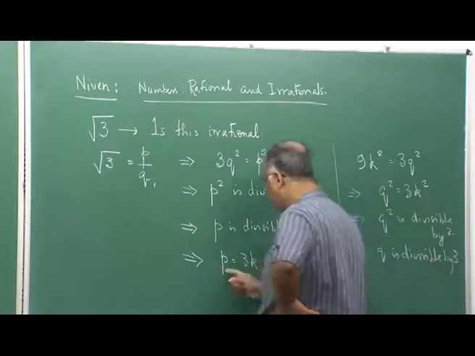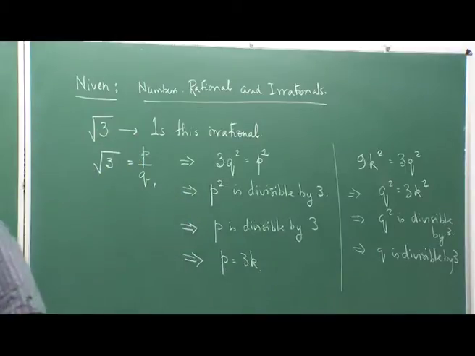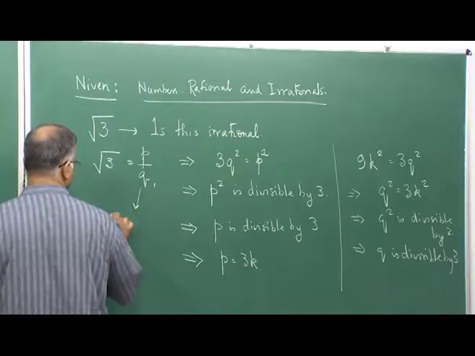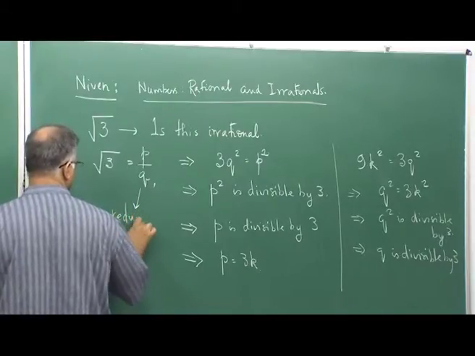So, now 3 becomes a common factor between P and Q, which is not possible because the only common factor P and Q have is 1. Again, keep in mind, this is in the reduced form.